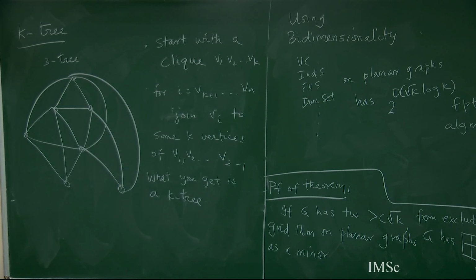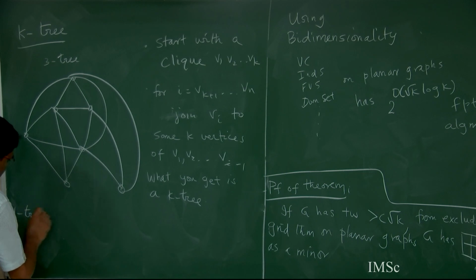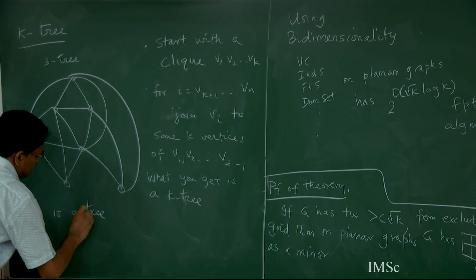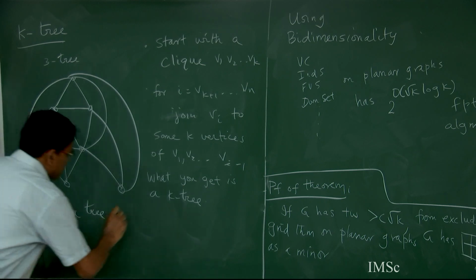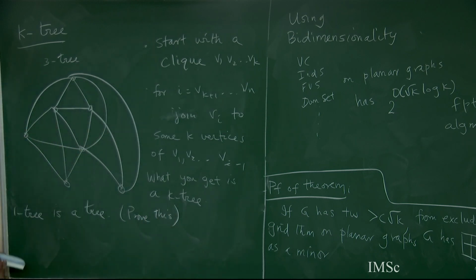Every tree can be obtained like this. Of course what you get in this process is a tree, but what I am saying is that this is exactly the class of trees. You can easily prove it by induction: every tree has a leaf, remove it, the remaining is a tree, use the induction hypothesis to obtain it by this process, and attach that vertex somewhere.